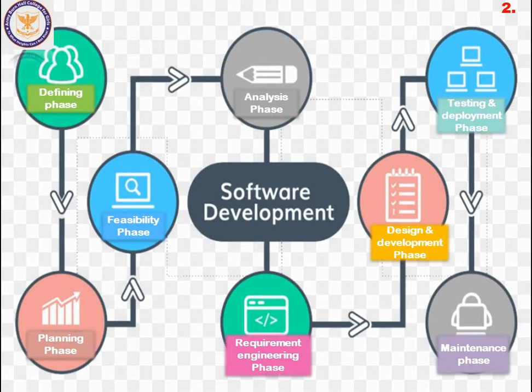Till this lecture, we are basically done with some of the phases: we are done with the defining phase, we are done with the planning phase, we are done with the feasibility phase, and now moving on towards the analysis phase. In order to move on to this next phase or any of the next phases, you need to have a clear concept of the previous phases.